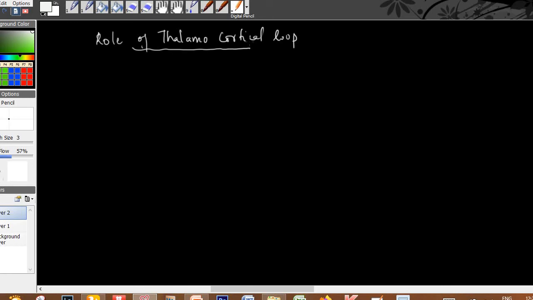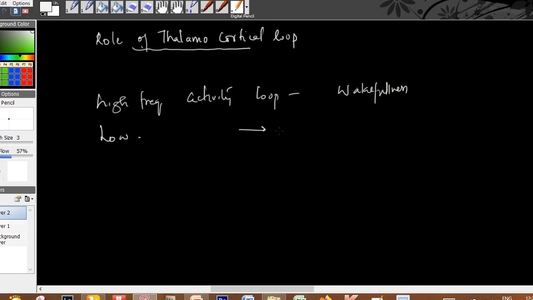High frequency activity of the thalamocortical loop means induced wakefulness. Low frequency activity is sleep.